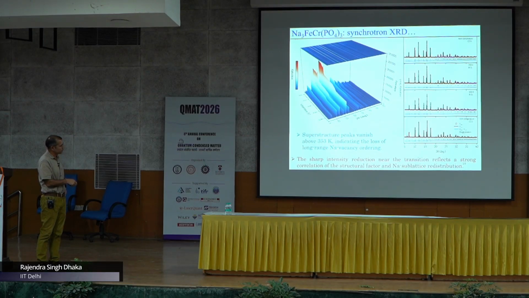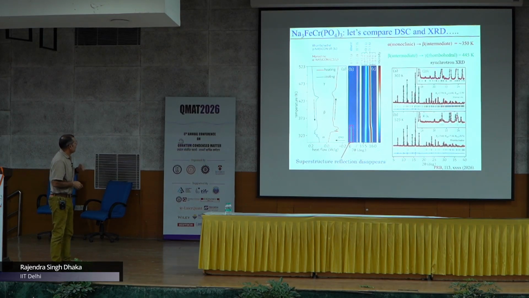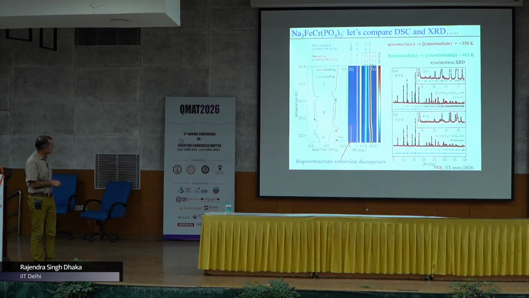So you can see this superstructure peak again. If you compare this with the DSC figure that I showed you, this is the map for the temperature dependent X-ray diffraction, and you can see that this superstructure peak disappears at the transition which was indicated by DSC.